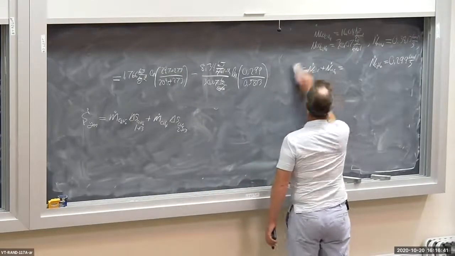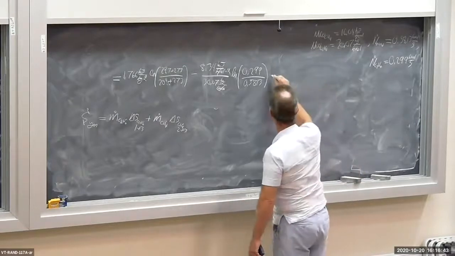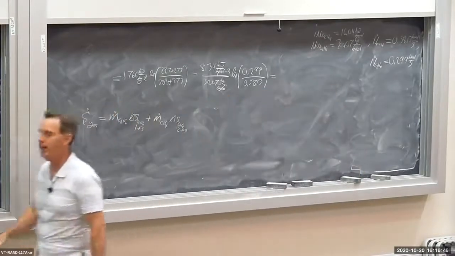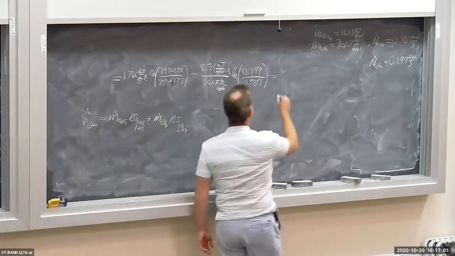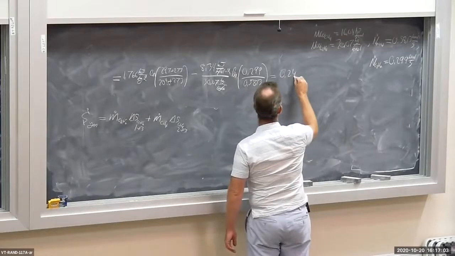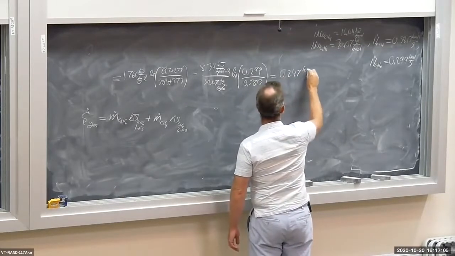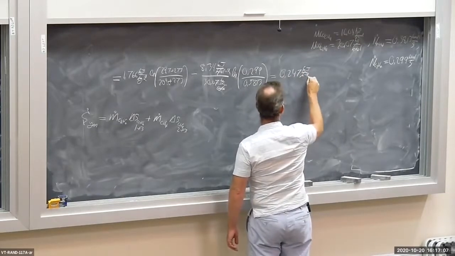And I get a total change in entropy. Let me get this here in a second. What's the total change in entropy for the ethane? I get 0.240 kilojoule per kilogram degree Kelvin.